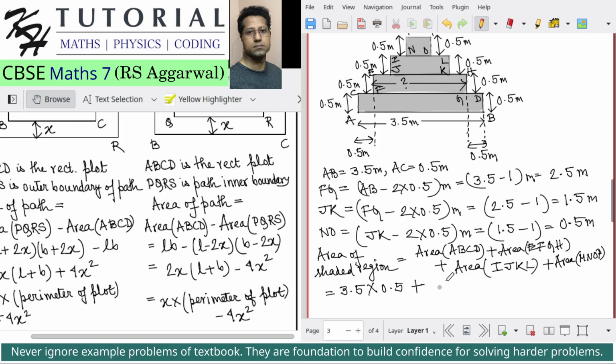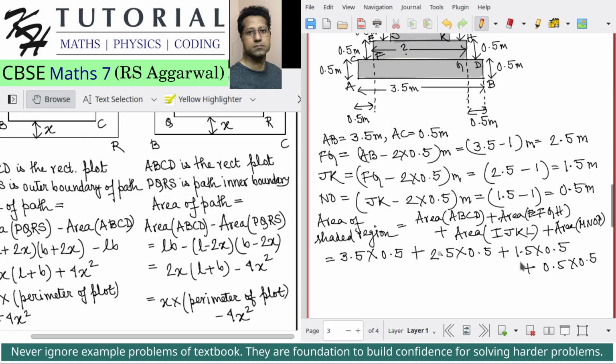Area of EFGH is, its length is 2.5. So we have 2.5 multiplied by 0.5. Similarly, we will have 1.5 multiplied by 0.5, and finally we will have 0.5 multiplied by 0.5.